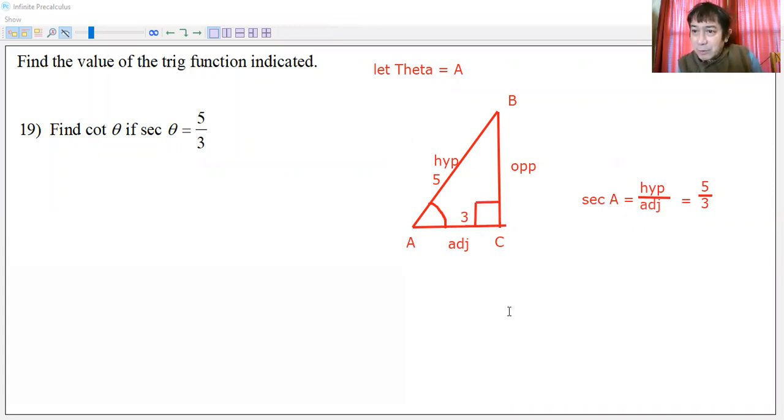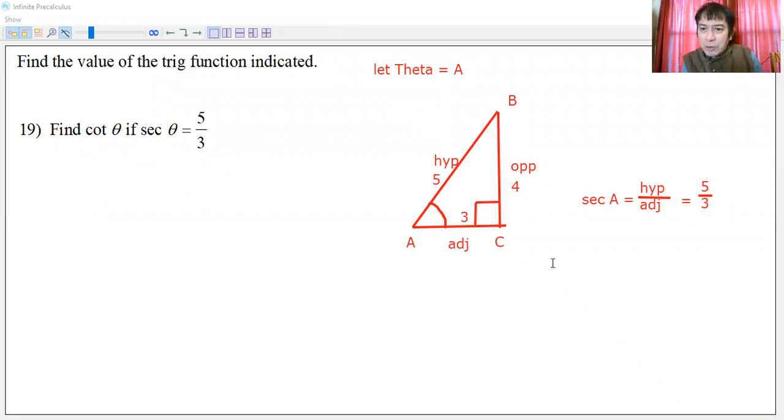Now, this looks like the 3, 4, 5. So the opposite must be measuring 4 units there. Remember the 3, 4, 5 Egyptian triangle. We had it a while ago, it's the same triangle. So considering cotangent of angle A, this must be adjacent over opposite side.